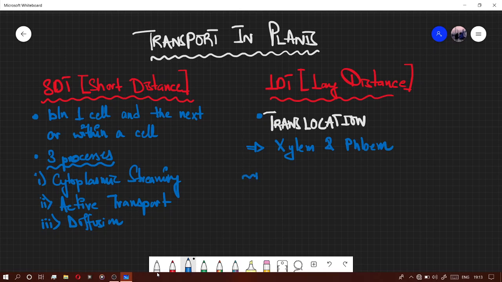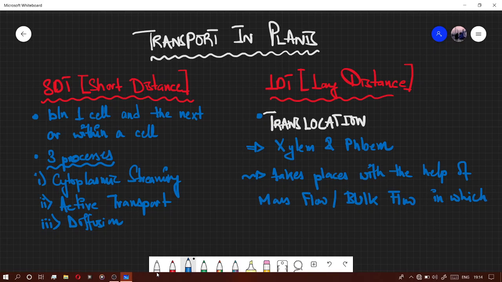And to quote NCERT, the exact definition will be: it takes place with the help of mass flow or bulk flow, in which the substances, either in solution or suspension, get swept away.